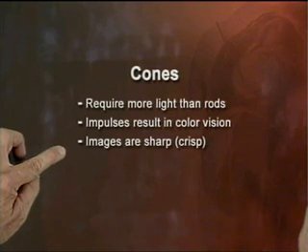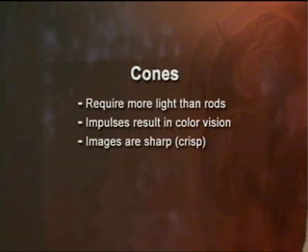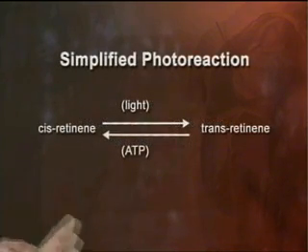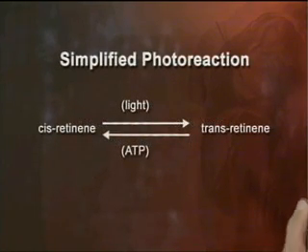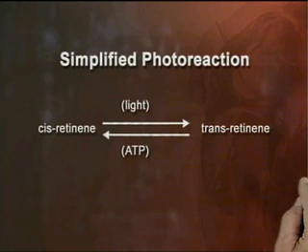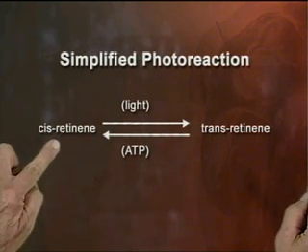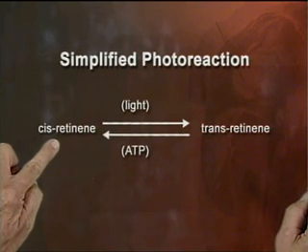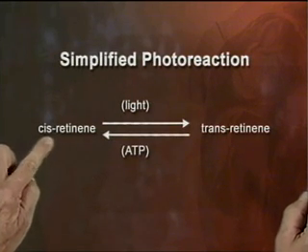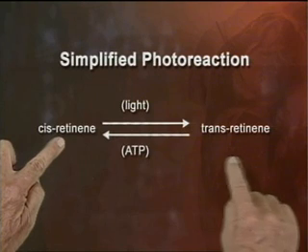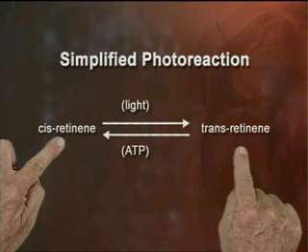I want to look at another graphic. This next graphic shows you the actual reaction that's occurring. One of the chemicals in the rhodopsin, or the photochemical, is a material called cis-retinine. Both rods and cones have this cis-retinine. Under the influence of light, the cis-retinine is converted into trans-retinine.